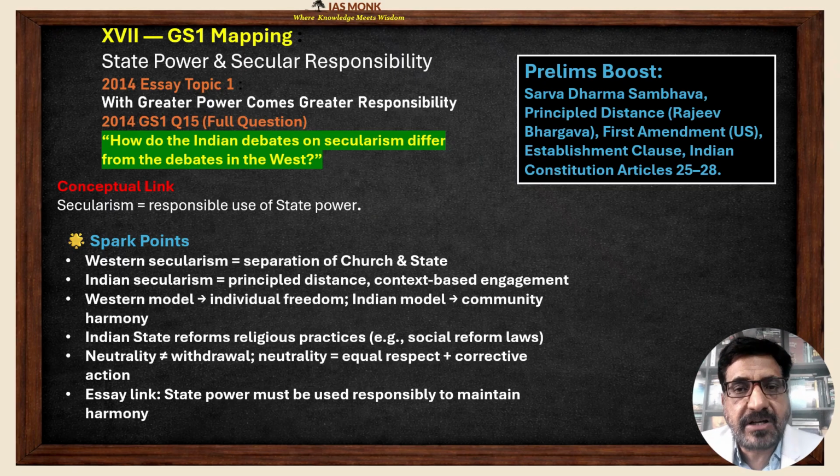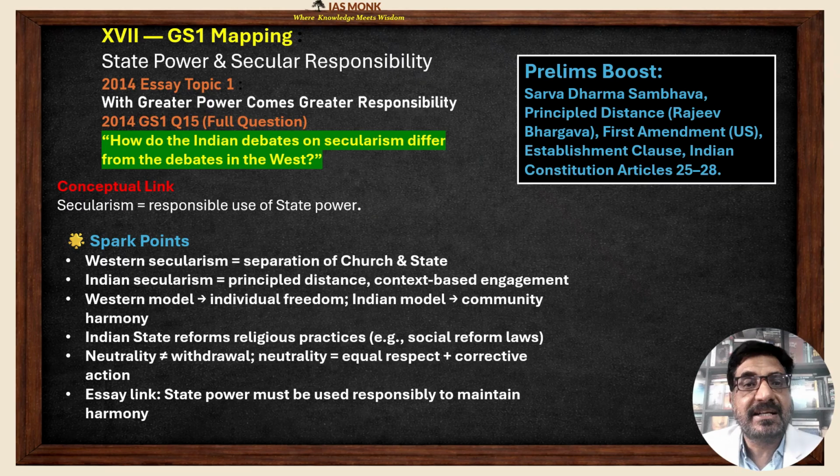The state withdraws from religion to protect individual freedom. But in India, the challenge was not one dominant church, but multiple religions coexisting. Indian secularism therefore evolved as principled distance.